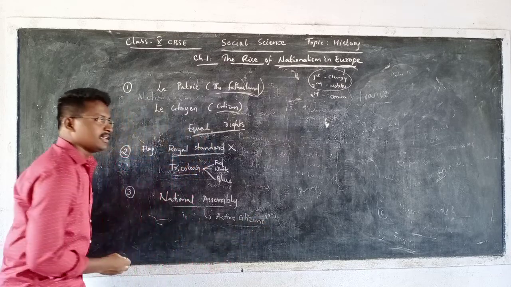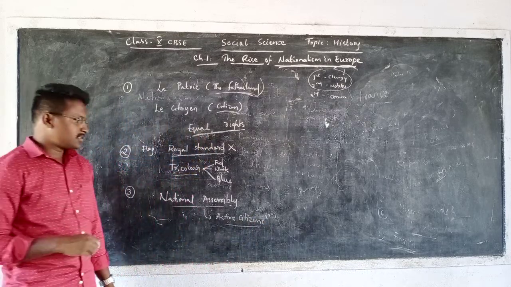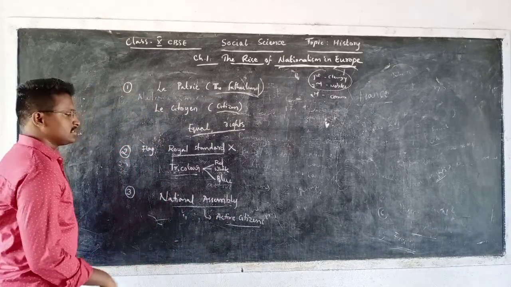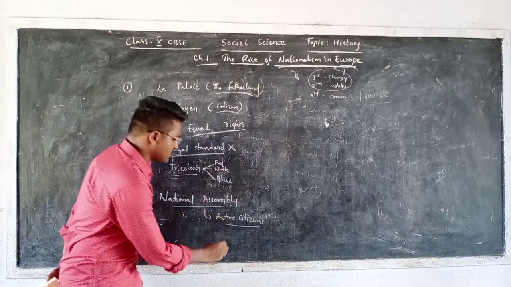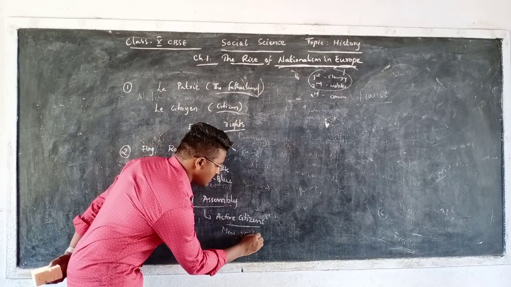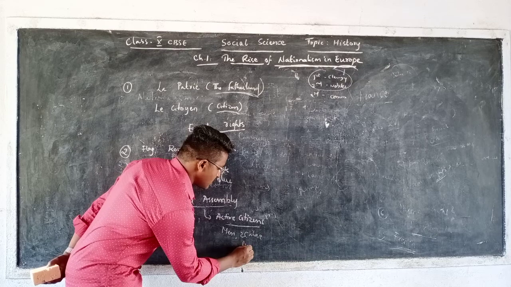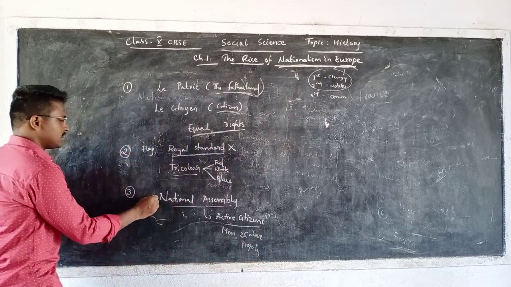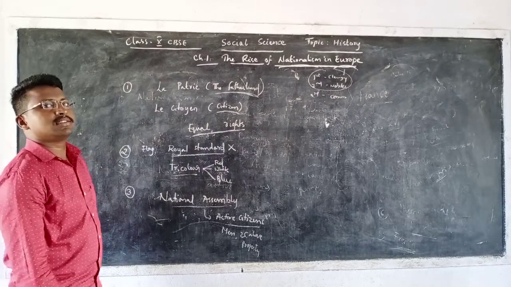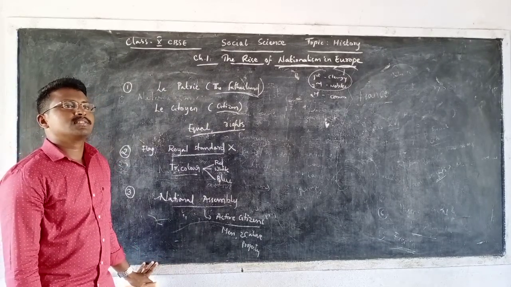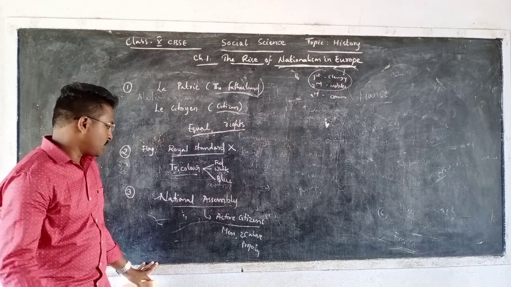In France there are two groups of people, active citizens and passive citizens. Active citizens means men above 25 years of age who own property. All these active citizens started electing their National Assembly. So this is the third way it created unity among French people.